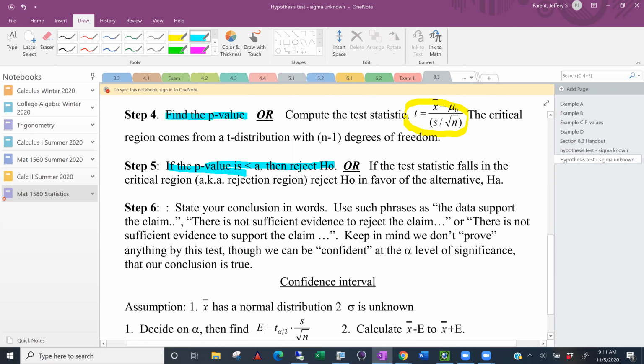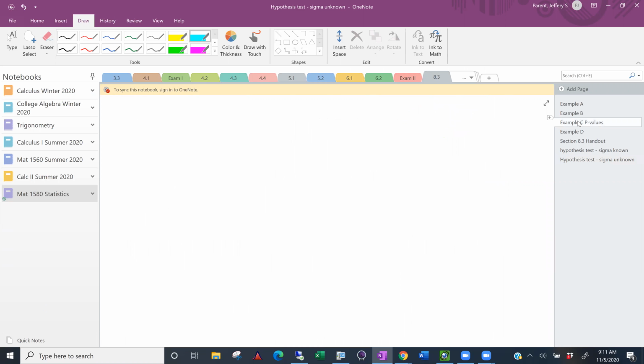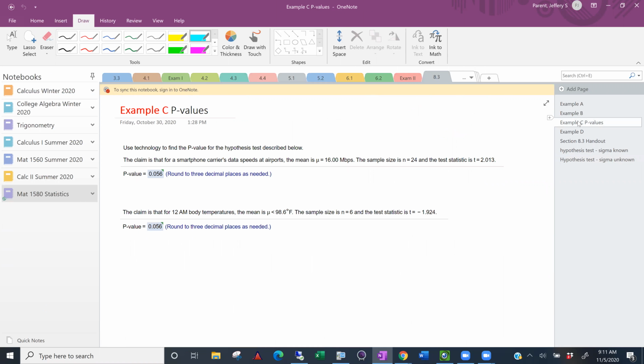Now, to get started and to refresh things, let's go to this one right here. It'll also help us practice setting up our null and alternative hypothesis. So our goal is to use technology to find the p-value for the hypothesis test described below.